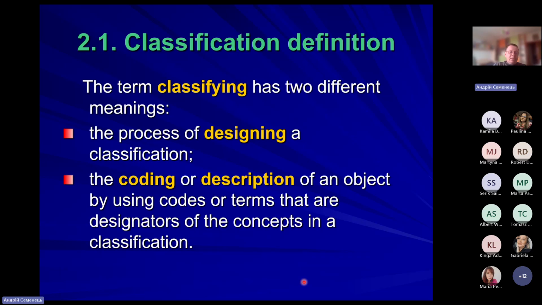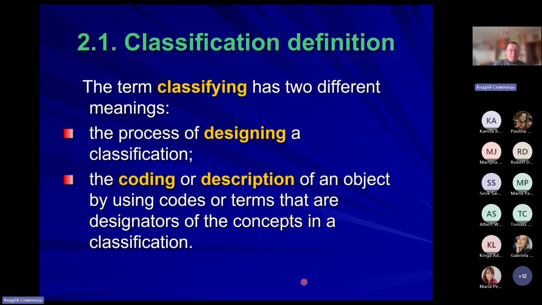So when we talk about classifying, it has two different meanings. The process of designing classification, and coding or description of an object by using codes or terms that are designated concepts and classification.